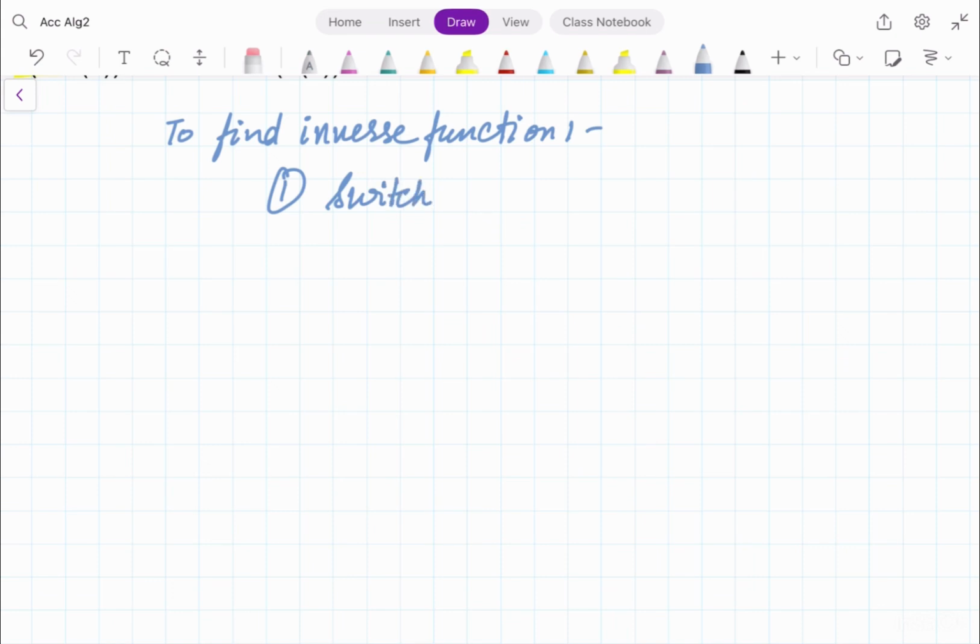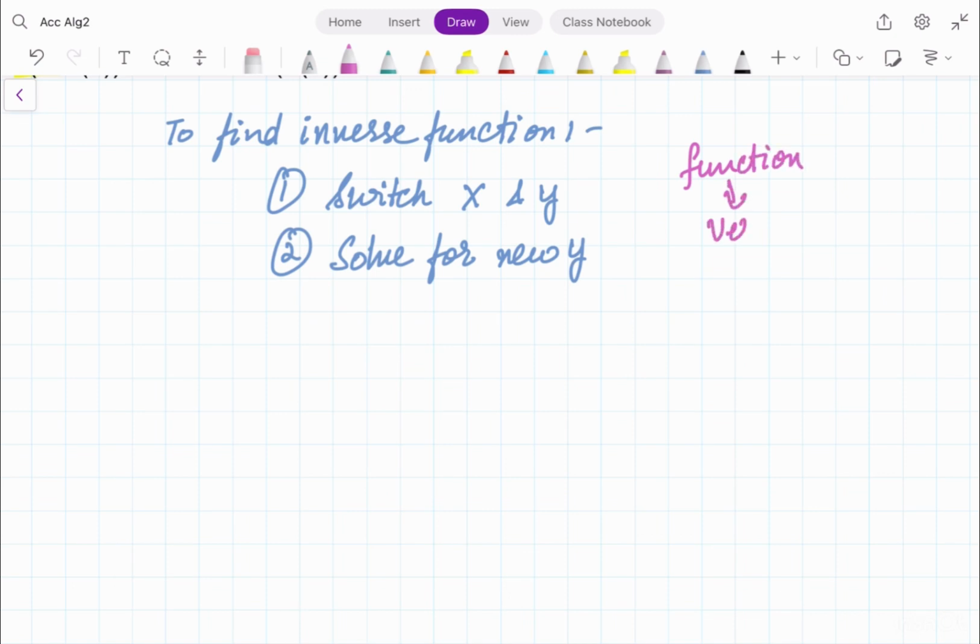So first step, switch x and y. Second, solve for new y. So these are the two steps that will help us to write a new function that is the inverse of the original function.